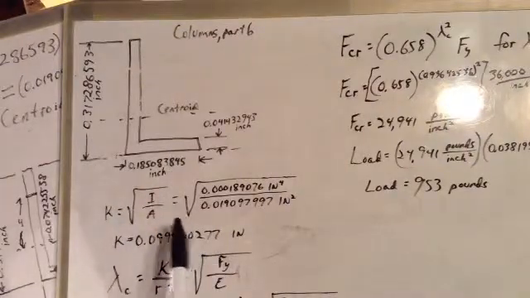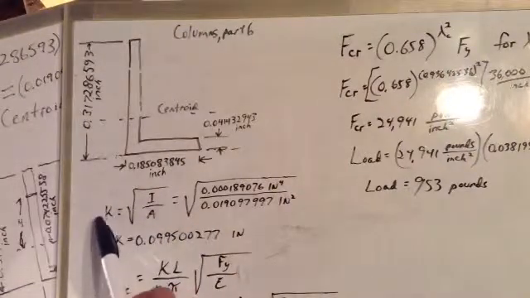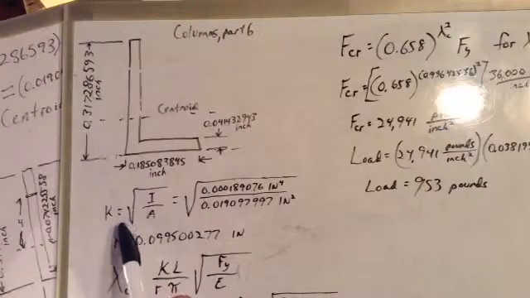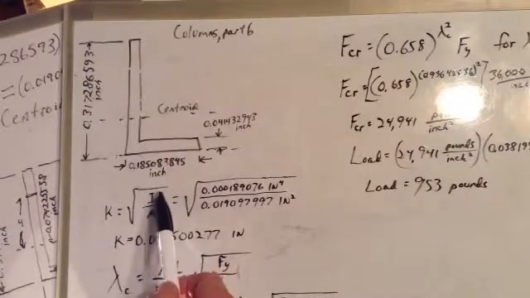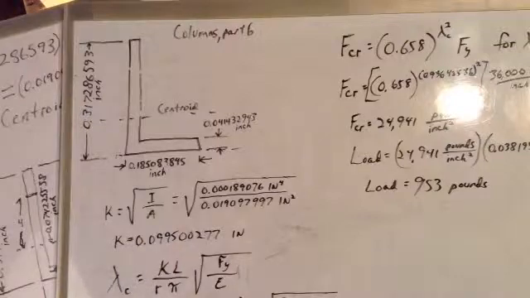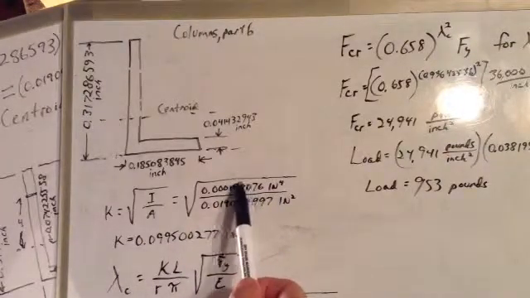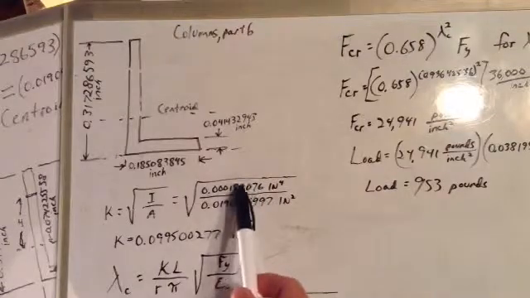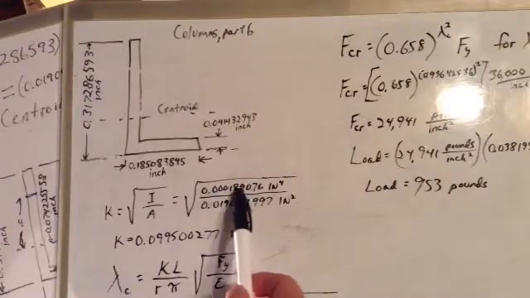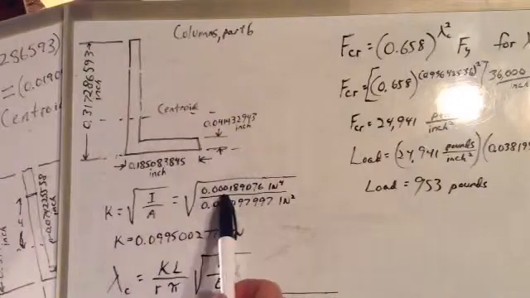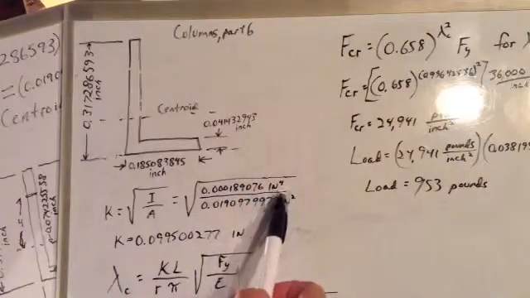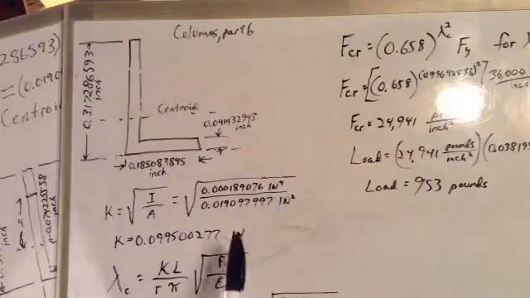Okay, the formula for radius of gyration, they used the letter K for it. It's the square root of the moment of inertia divided by the area. We just determined when we finally added those three numbers up a minute ago that the total moment of inertia of this L was 0.000189 blah blah blah inches to the fourth.